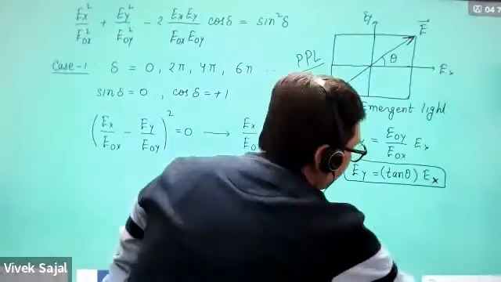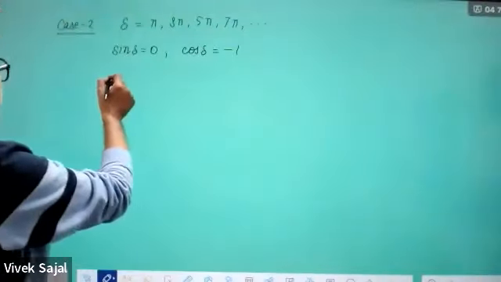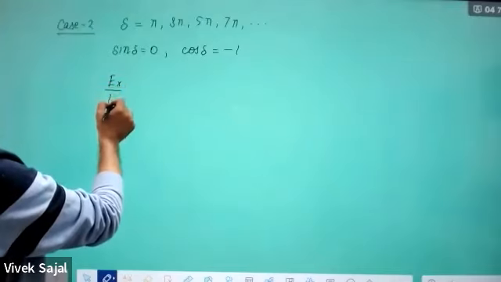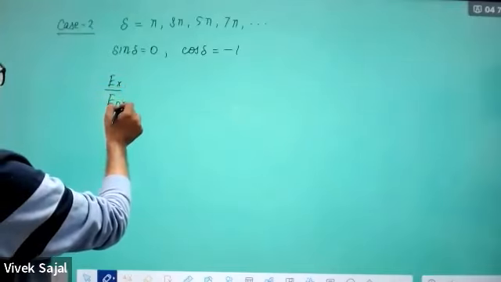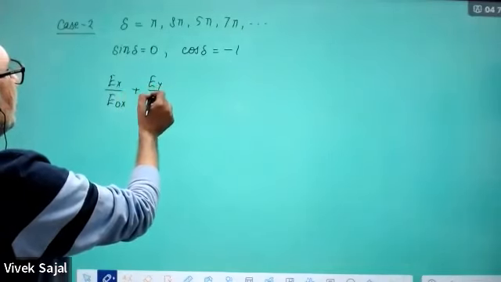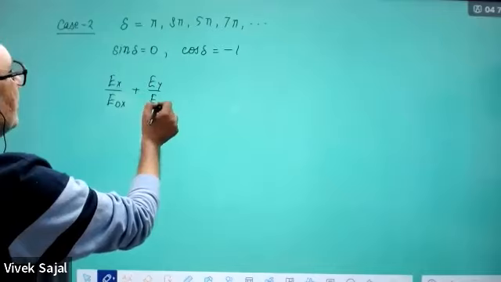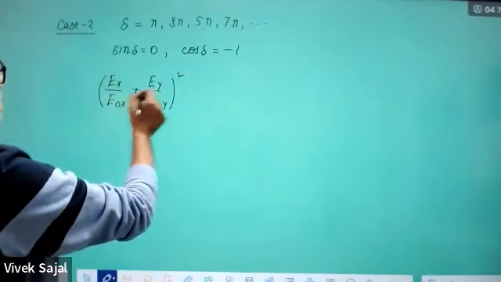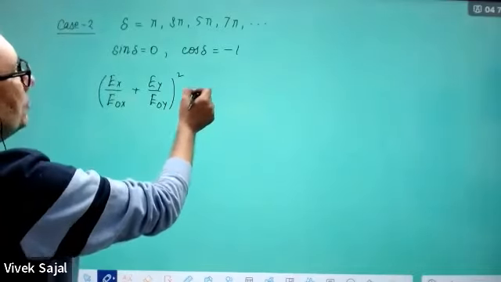So your equation will convert into Ex upon E naught x plus Ey upon E naught y, whole square of this, and that is equal to 0.